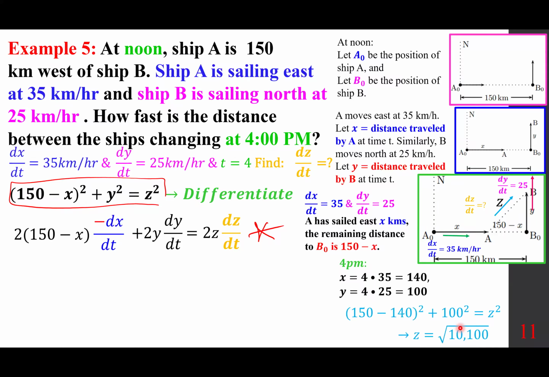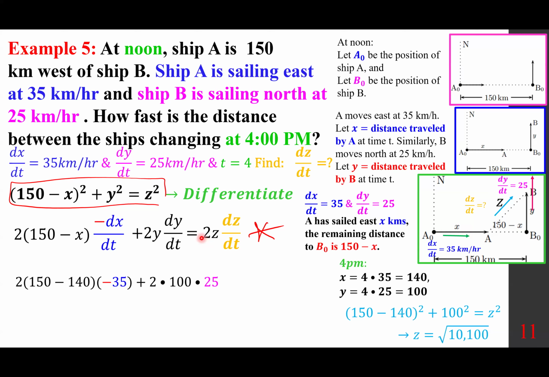So in this case, we are going to replace the x with 140 times minus dx/dt, which is 35, plus 2 times y, which is 100, times dy/dt, which is 25. That's the left side.